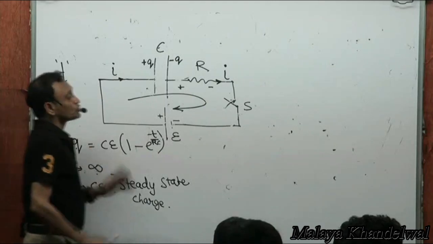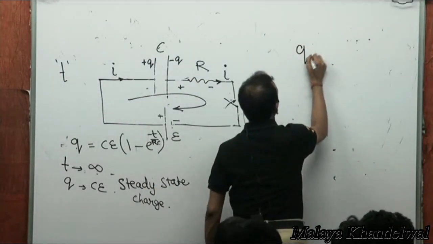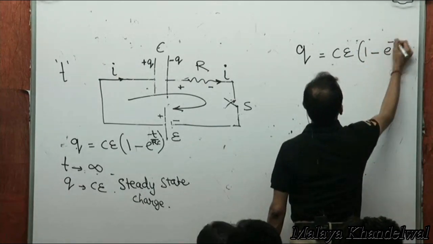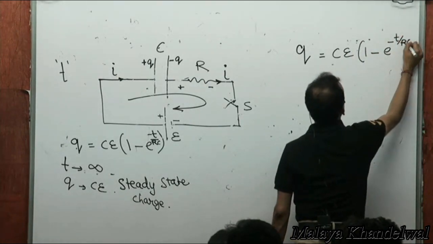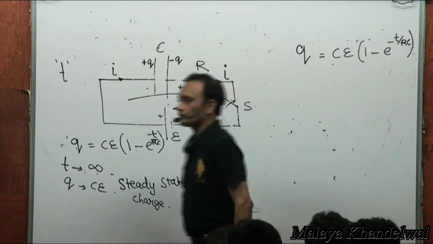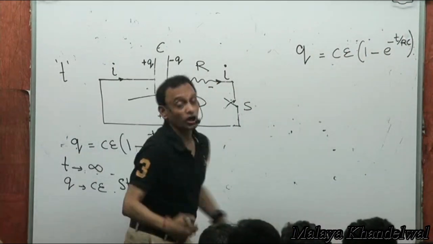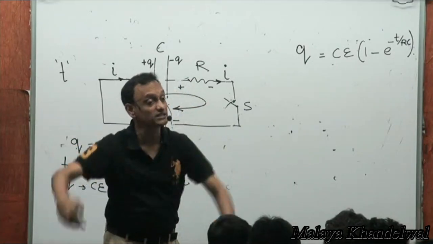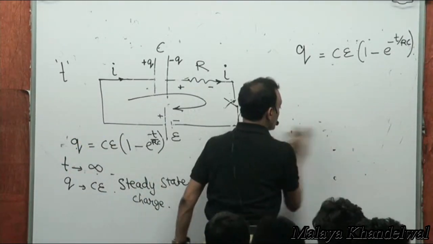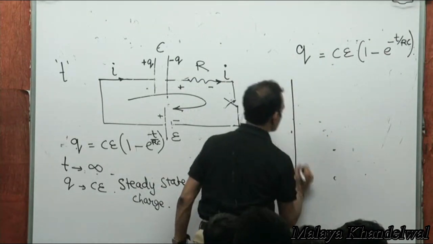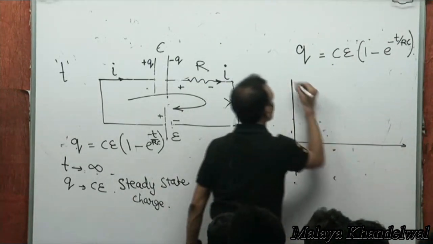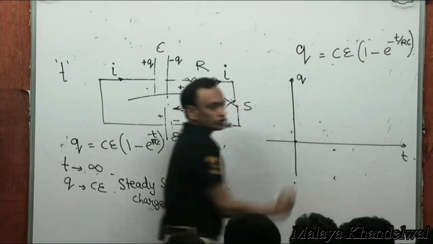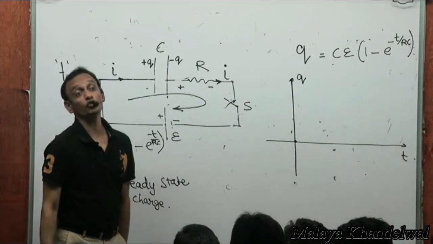Now, let me draw this charge as a function of time. Charge grows from 0 to a maximum, C epsilon. This is how it happens. At t equal to 0, charge was 0, but dq/dt was not 0.